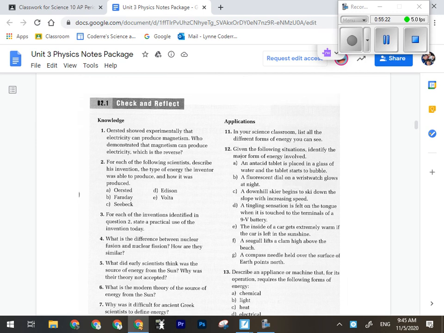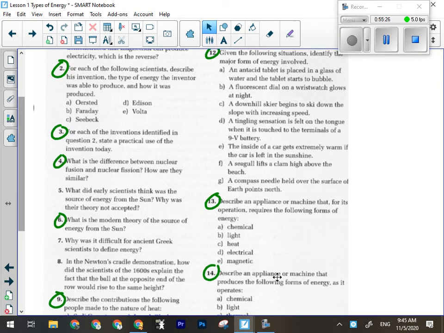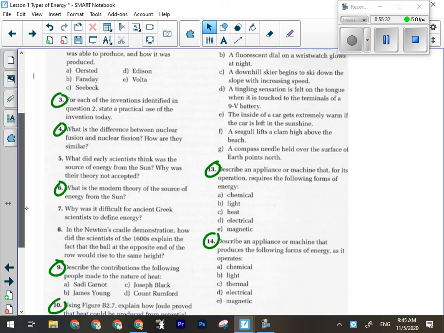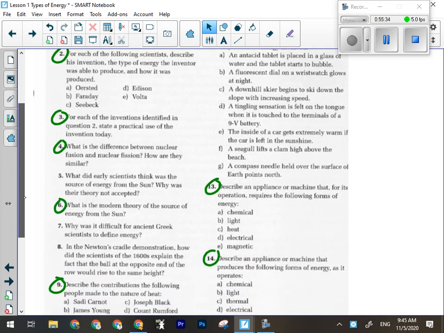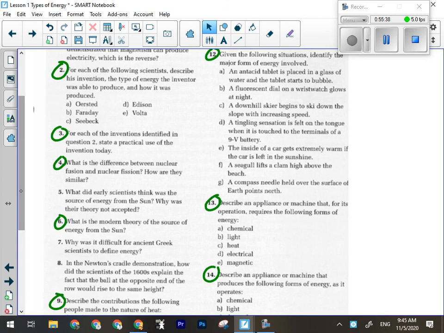I want you to do question number 2, 3, 4, 6, 9, 10, 12, 13, and 14. None of them are terribly difficult questions. You don't need to have a novel for an answer for any of them. I just want you to write down some stuff about each one.